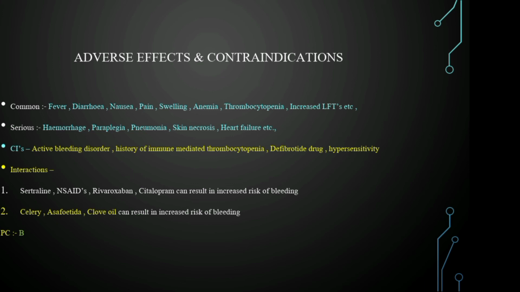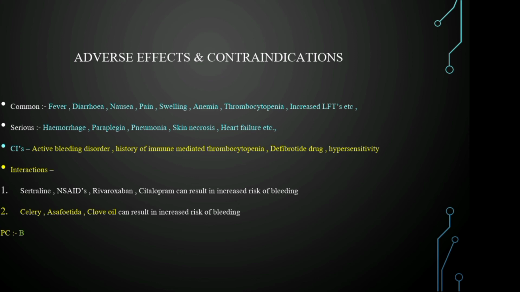And when coming to the interactions, there are many interactions of this enoxaparin drug, and some of the important ones are NSAIDs, rivaroxaban, citalopram, sertraline. If enoxaparin is given in combination with these drugs or other kinds of drugs, like the different types of NSAIDs, they may result in an increased risk of bleeding.